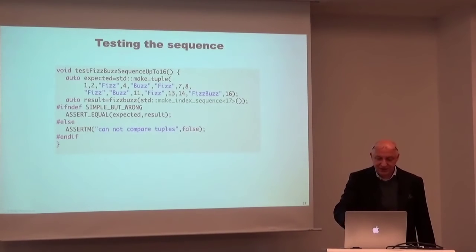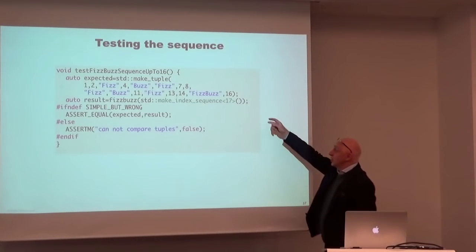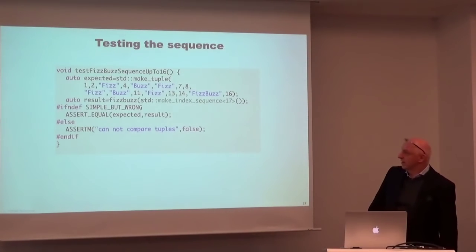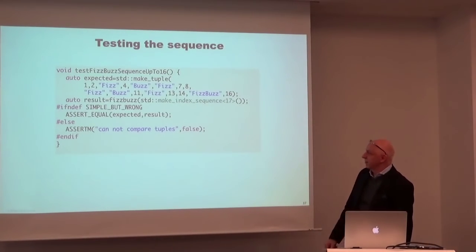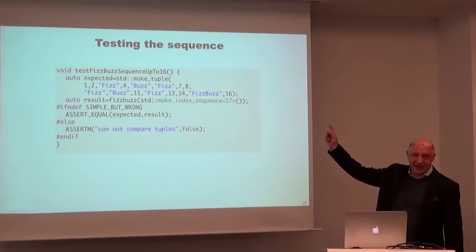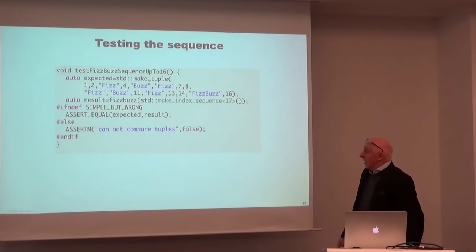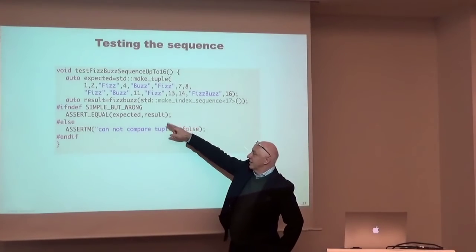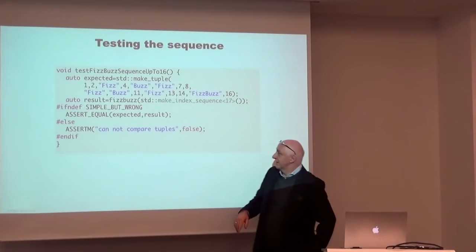Testing it. So I create a tuple with the values that I expect: 1, 2, fizz, 4, buzz, fizz, 7, 8, fizz, buzz, 11, fizz, 13, 14, fizz buzz, 16. And I stopped there because I didn't want to go up to 100. There's some conditional compilation because I had a simple but wrong version.